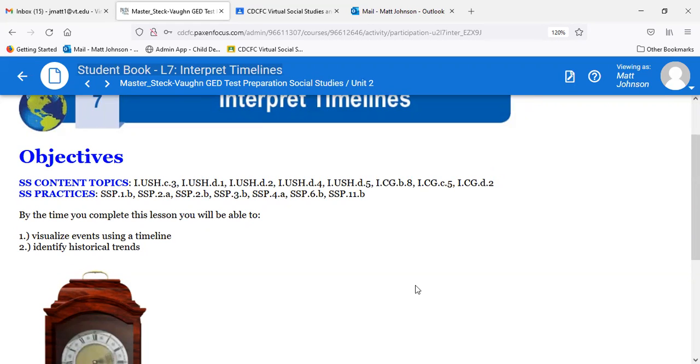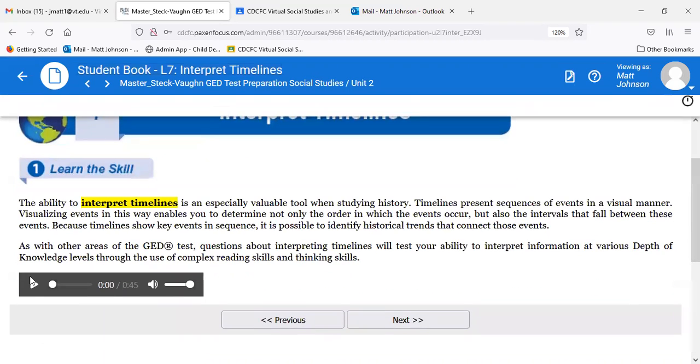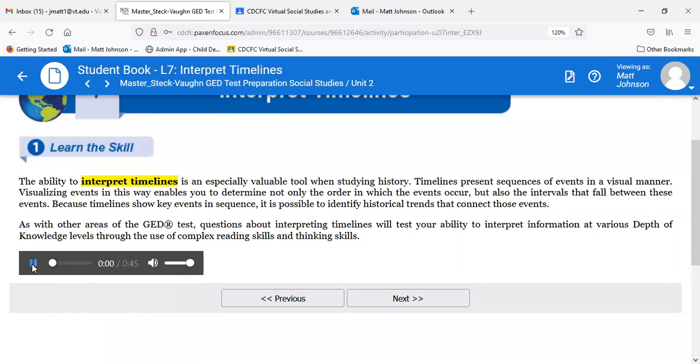The ability to interpret timelines is an especially valuable tool when studying history. Timelines present sequences of events in a visual manner. Visualizing events in this way enables you to determine not only the order in which the events occur, but also the intervals that fall between these events.